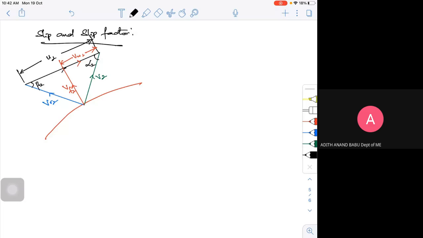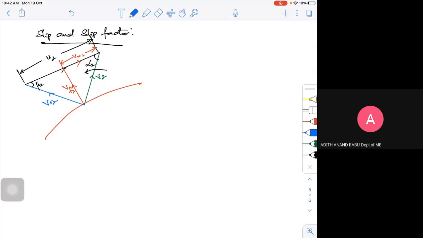Now, there is a condition where this VW2 will become smaller. When this V2 is pulled a little bit smaller, that means my exit velocity is smaller. So I'll redraw this velocity triangle again with the condition that V2 becomes smaller. I may end up with a condition something like this.